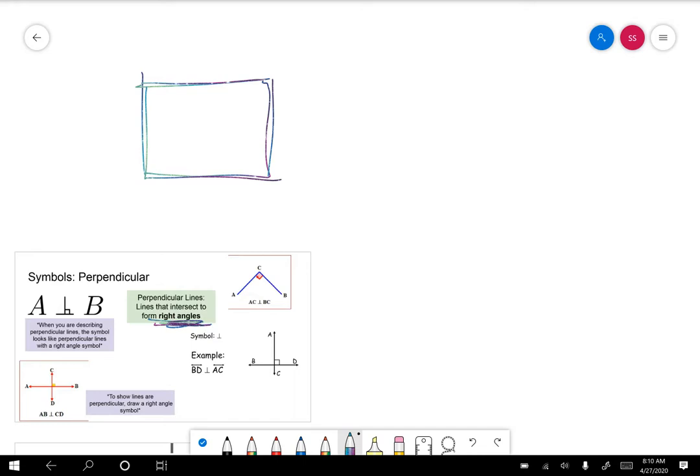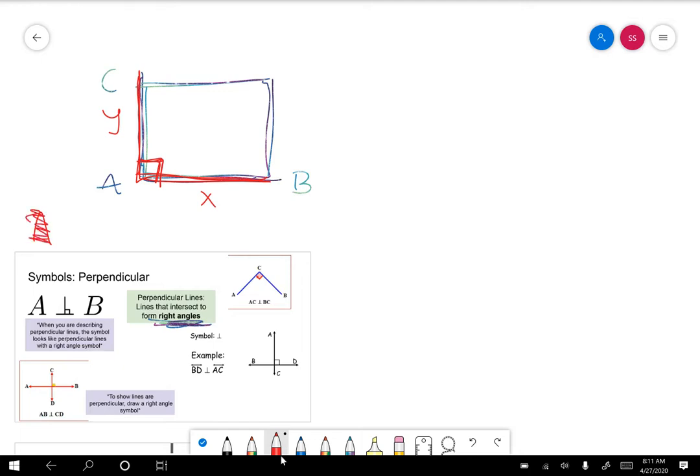So to notate that they're perpendicular, let's say that this line is AB, and this is AC here. To notate that those are perpendicular lines, that they intersect at a right angle, you use the little right angle symbol. You could also say, if we were to just write it out, let's call this line X and this line Y, kind of like a graph.